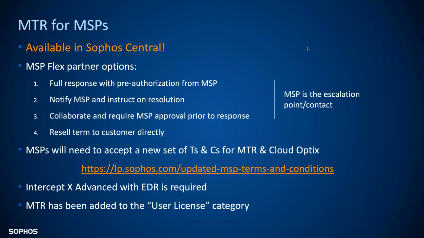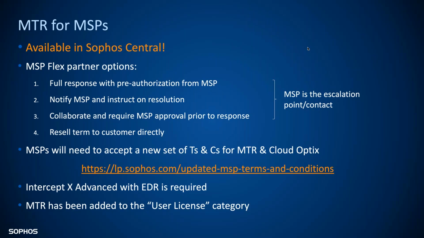But the options for MTR for MSPs are four. You have the ability to simply resell it to an end user customer on a 1, 2, or 3 year term basis. You also have the ability to just get notified by Sophos if there's something that needs to be escalated or looked at, and we'll provide you instructions on resolution. You also have the ability to work with Sophos to collaborate and remediate.